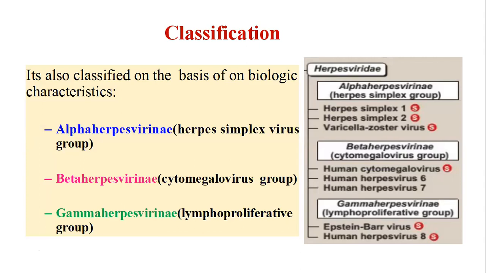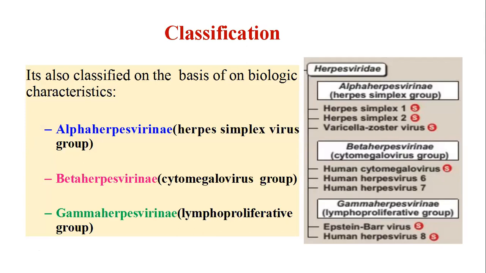Classification is not only done by the first slide, where I said that 8 species are there, but classification can also be done on the basis of biologic characteristics.